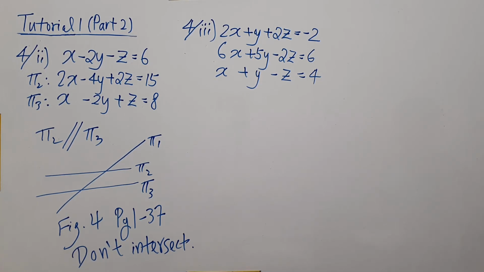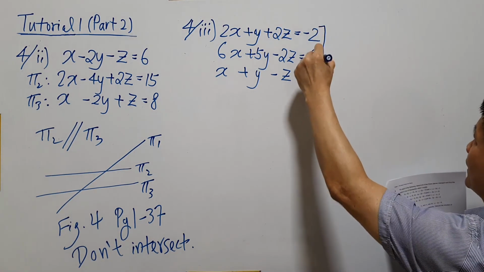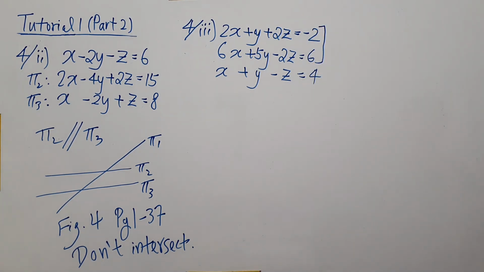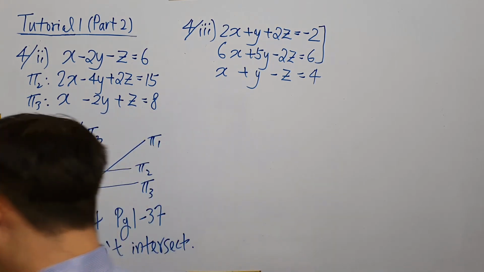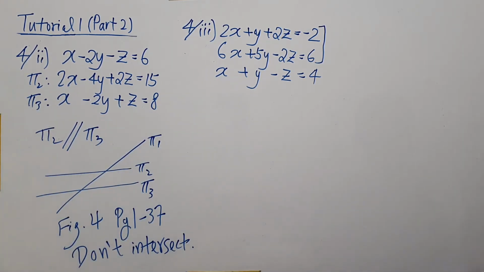So now the same thing goes. We want to look for the intersecting line between the first two planes. To find it, what you need to do is to solve the equations again. We have been doing that again and again. I hope by now you are familiar with the steps.